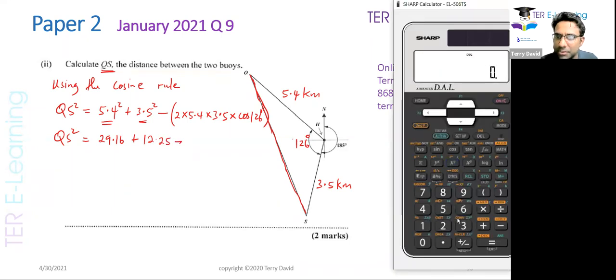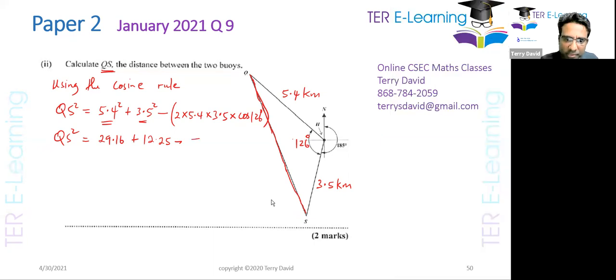So that is 2 multiplied by 5.4 multiplied by 3.5 multiplied by cos 126, and you're going to get minus 22.22. So minus 22.22.